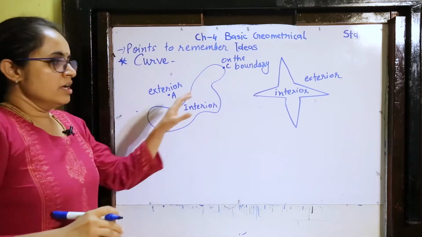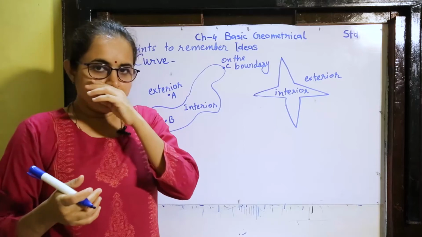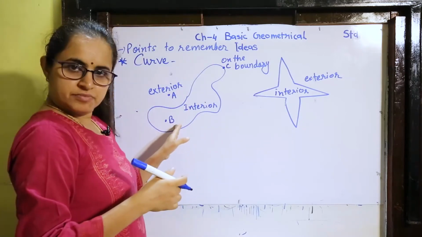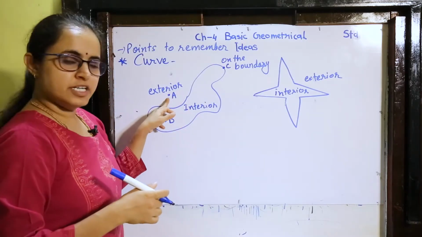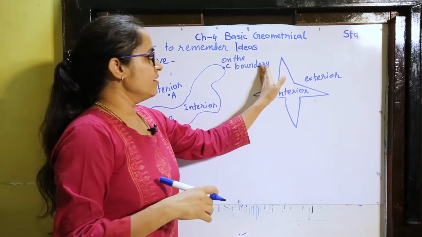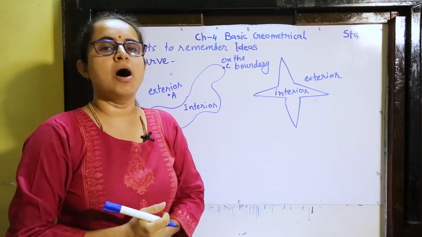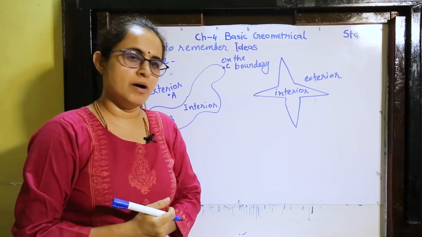Understood? So, if there is one point which is inside the curve, it is called interior point. When some point is exterior point, that means it is outside of the curve area, and if any point is on that particular line, it is called a point on the boundary.